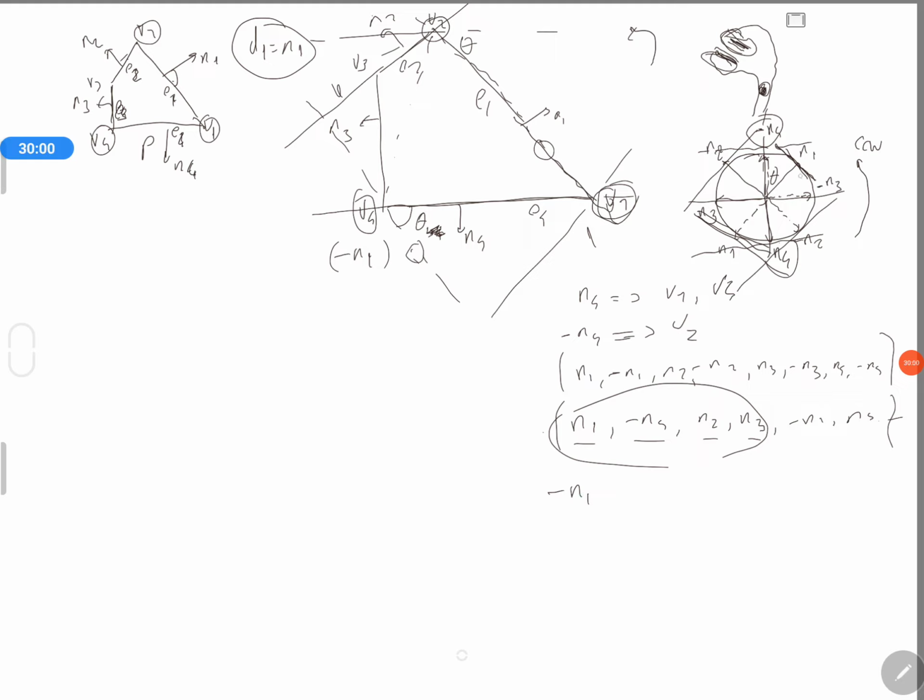If we align our upper arm with the first edge, then the lower arm will be visiting these directions in the same order. This is the upper arm and this is the lower arm. Okay.